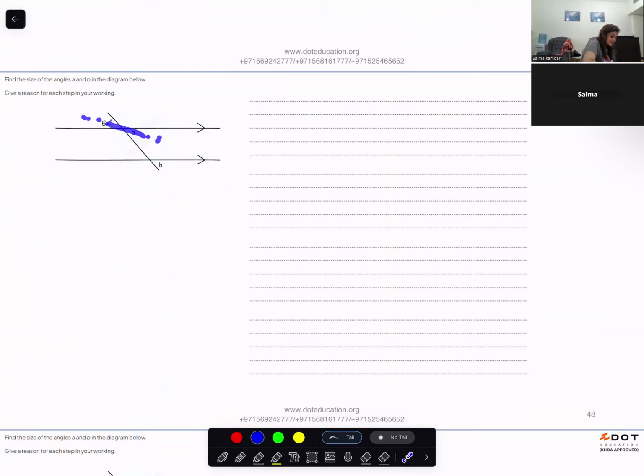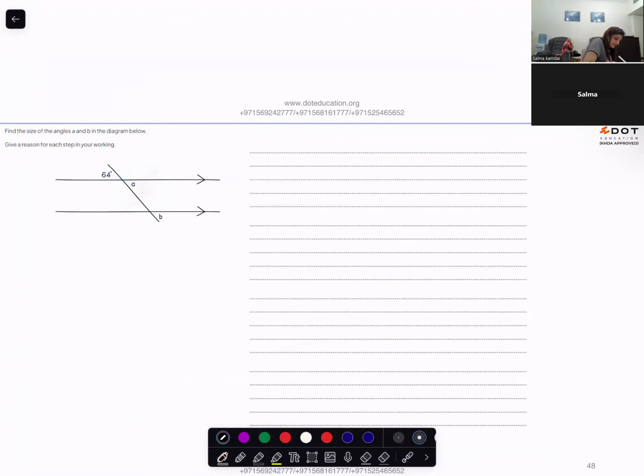If you see very clearly, these both are vertically opposite angles. So A would be 64 degrees. What is A? A will be equal to 64 degrees, and the property that we have used is vertically opposite angles.